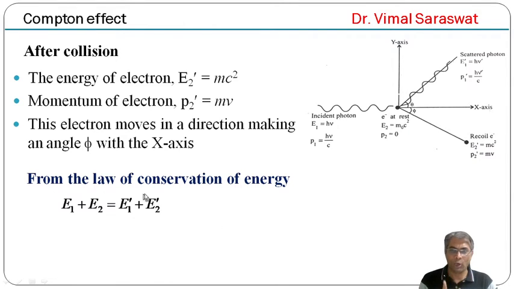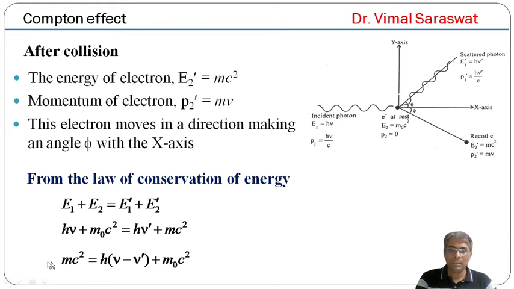So from the law of conservation of energy, E1 plus E2 equal to E1 dash plus E2 dash. Since E1 equal to h nu, E2 equal to m naught c square, E1 dash equal to h nu dash, and E2 dash equal to mc square, so h nu plus m naught c square is equal to h nu dash plus mc square.